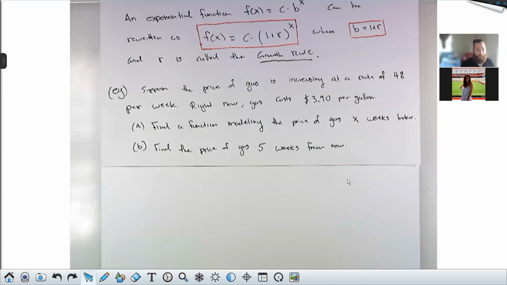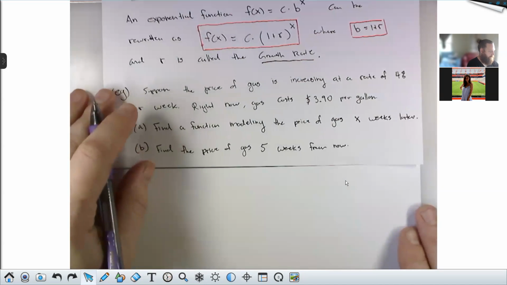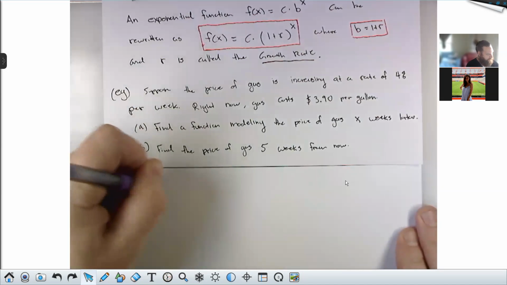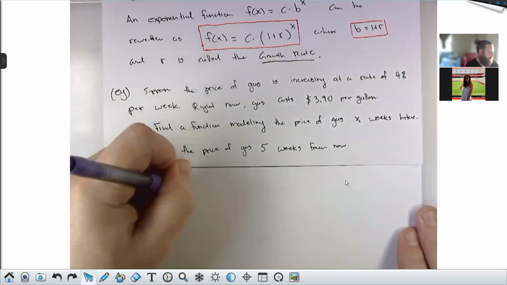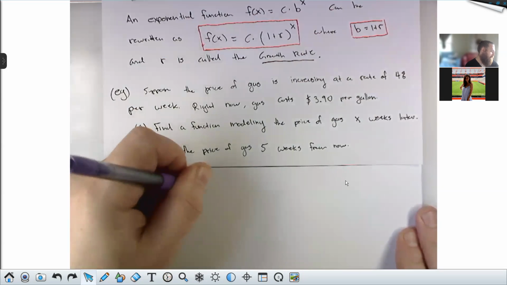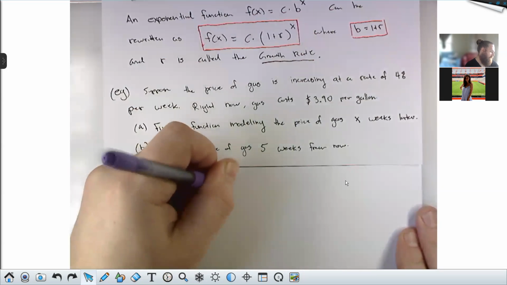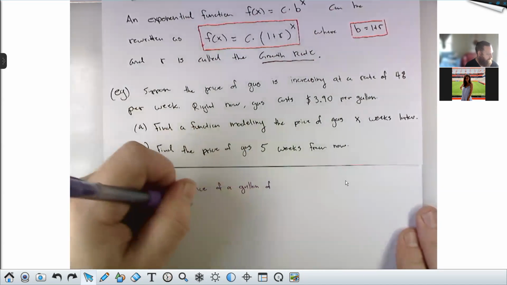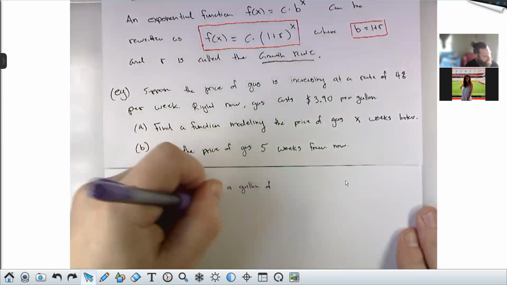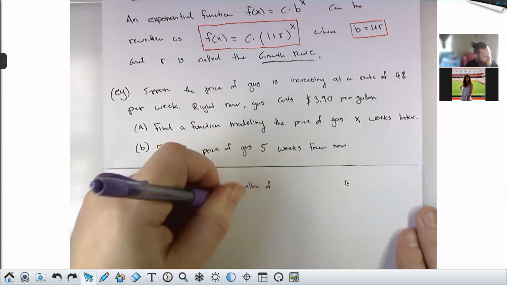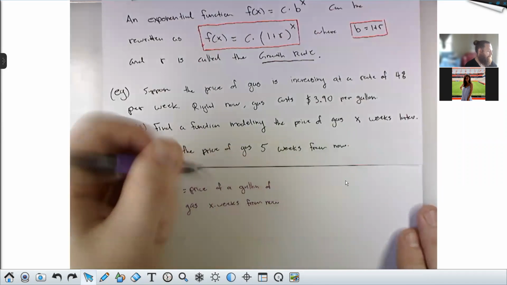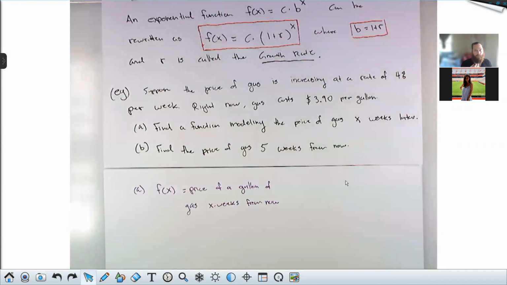So my function, let's call it f of x, is the price of a gallon of gas x weeks from now. That's the idea.